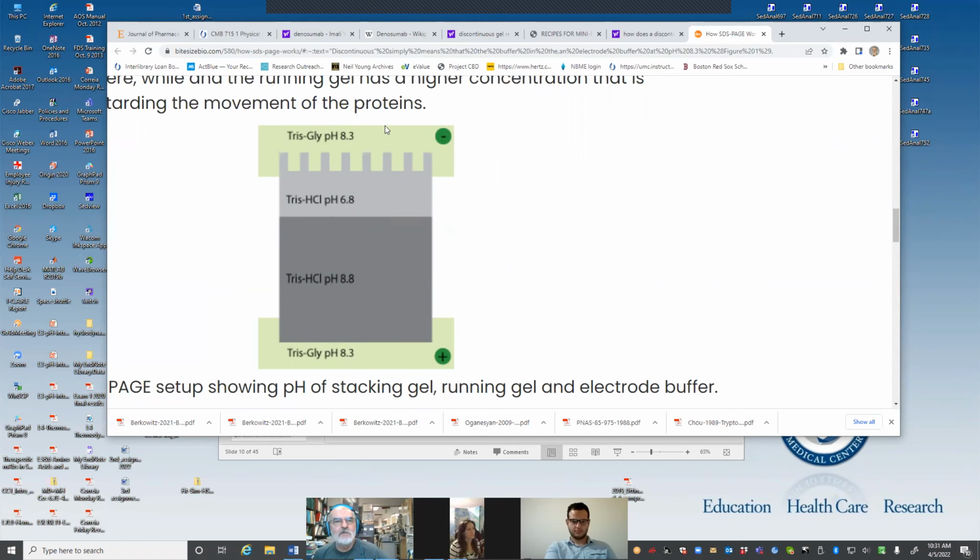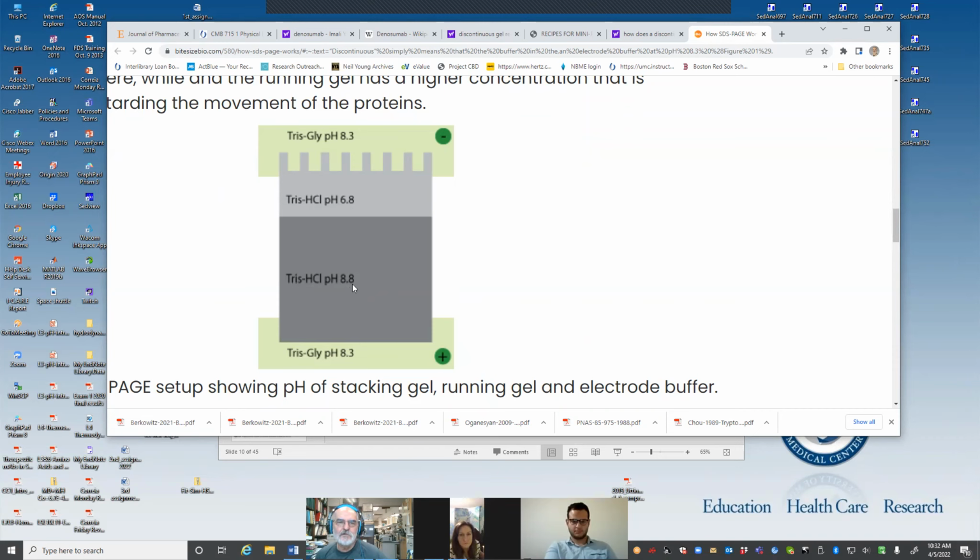But generally speaking, you can see that there's a buffer in the top and in the bottom. In this case, it's a tris-glycine buffer that I'll tell you about later. But then the gel itself, what is called the separation gel, is poured with a different buffer composition. It's not tris-glycine, it's tris, pH 8.8.